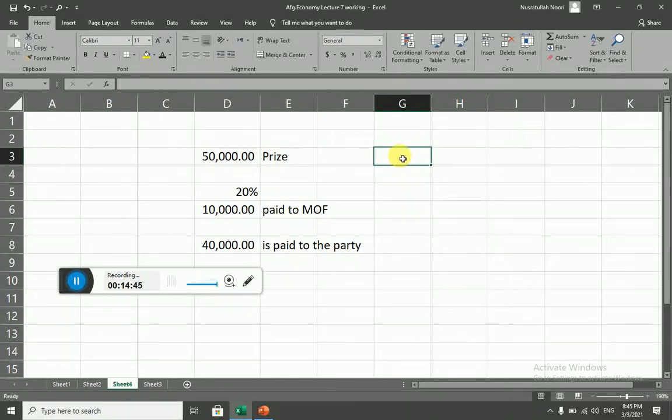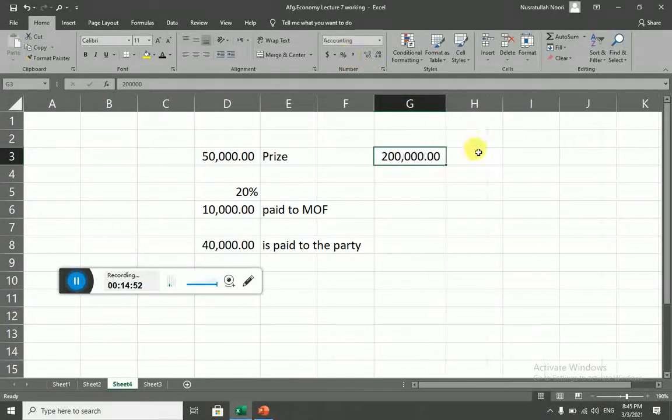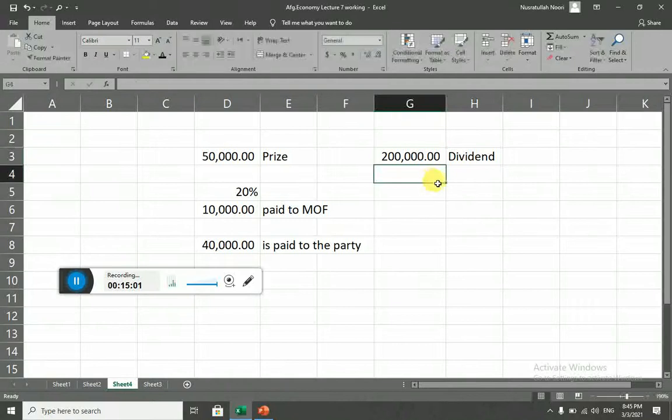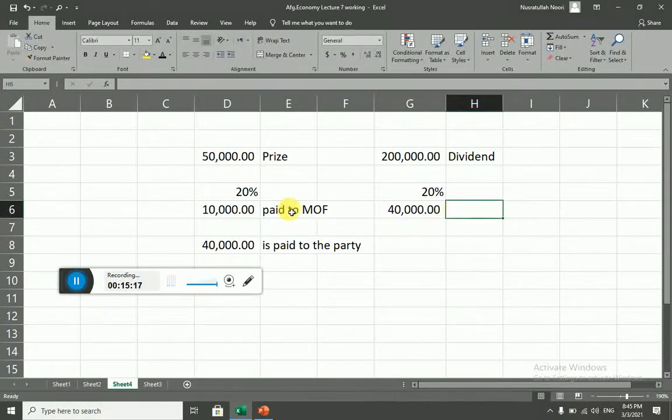Okay, now we want to pay 200,000 as dividend to someone. By law, before making this payment, we have to withhold 20% tax. How to calculate that? Multiply 200,000 by 20%, you will get the tax amount, right? So that's basically tax.